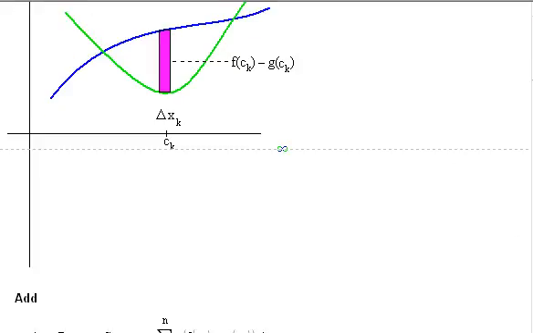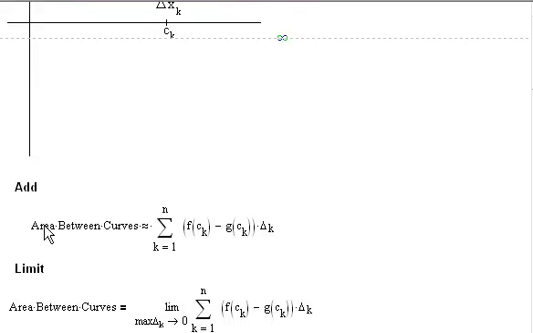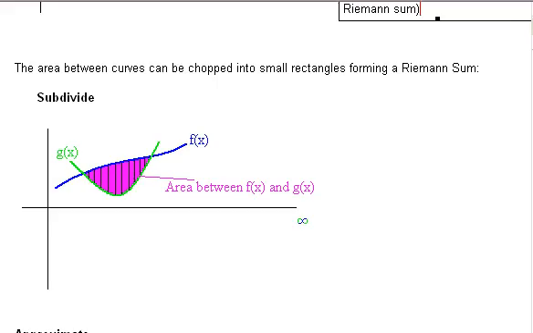What does that give us? Well, when we add them all up, then the area between the curves will approximately be equal to all of those rectangles that we've subdivided. Actually, we subdivided technically the interval a, b.